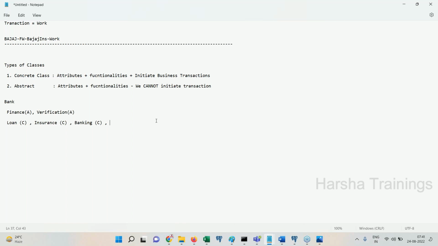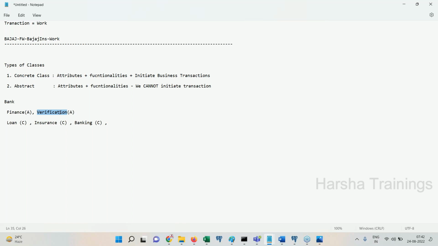Is it mandatory that a business should have abstract departments? It is the necessity of the business. You can even have it without abstract. But for example, for the verification department, instead of abstract, if I say this is concrete, what could be the problem for the business? Just think about it.